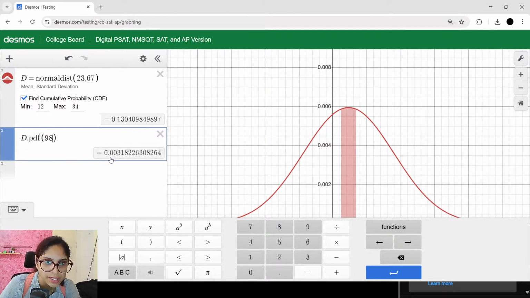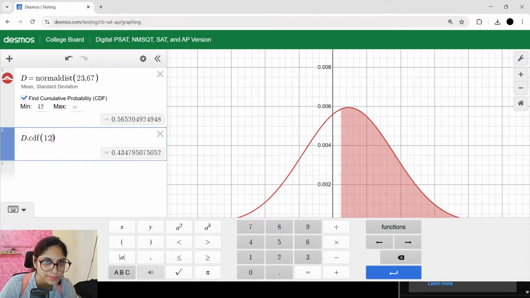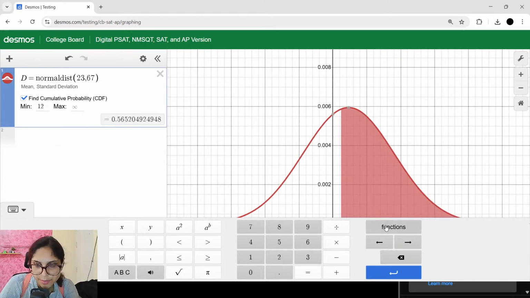So you can find probability density, like the probability distribution function, for any value. And if you want to calculate CDF, you can also get it. So you can calculate the CDF and PDF from there.